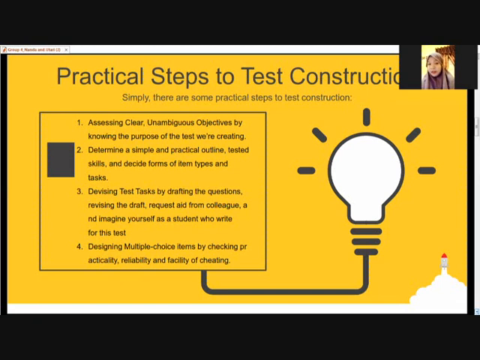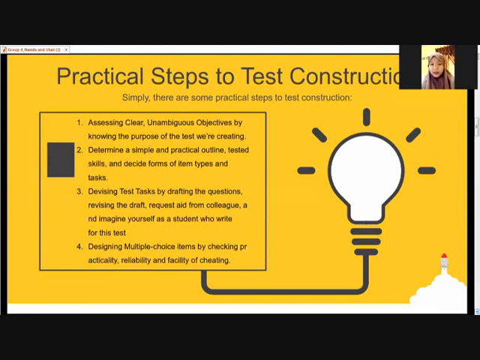The second is to determine a simple and practical outline, test the skills, and decide the forms of the item, the item types, and also the task.